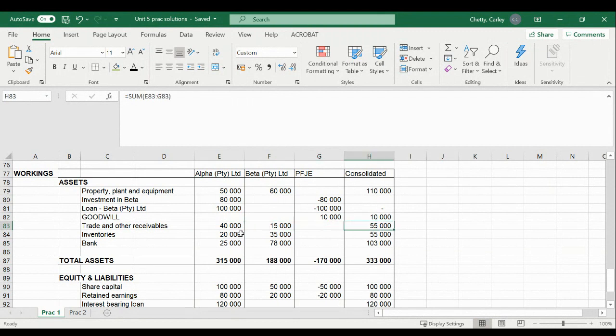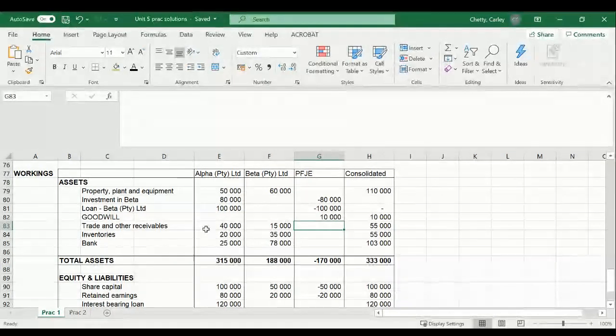On consolidation, we are going to go alpha plus beta, and then if there's any pro forma journal entries, we will also take that into account. So here we are going 40,000 plus 15,000, and that gives us trade and other receivables of 55,000 Rand in the consolidated financial statements.